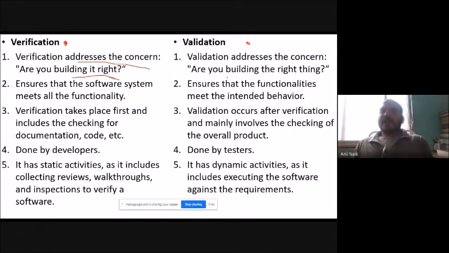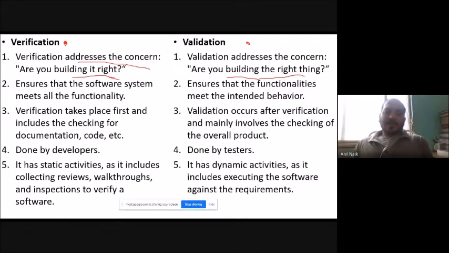Validation indicates: are you building the right thing, the right product? Verification addresses the concern: are you building it in the right way, the right path? Have you considered the right features?